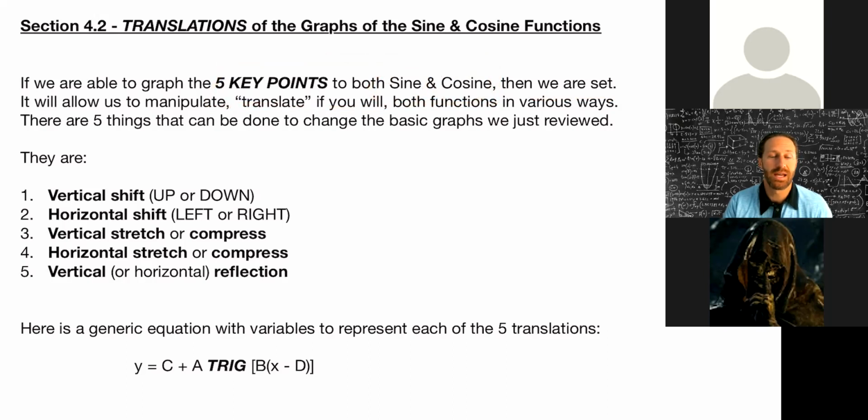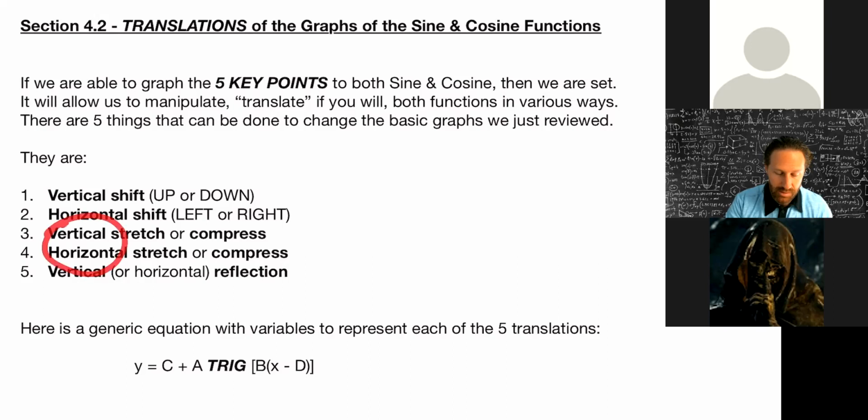All we're going to have to do is take those 5 key things and do any one of these 5 things. And that is shift it up and down, vertically we say, left and right, horizontally. So take the graph and actually move it entirely up and down, or left and right, or a combination of those things.